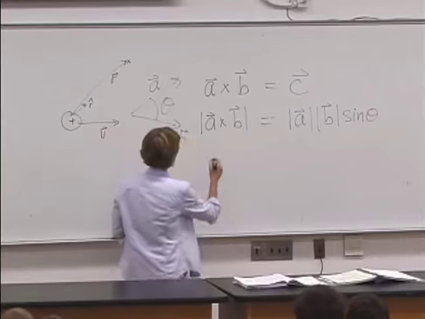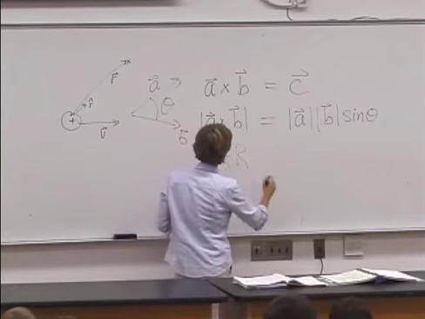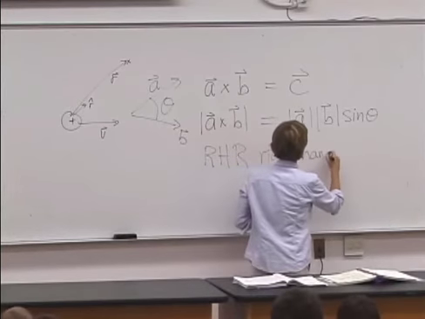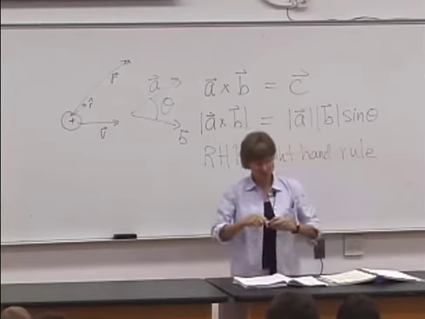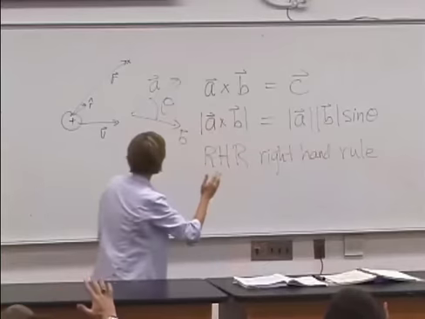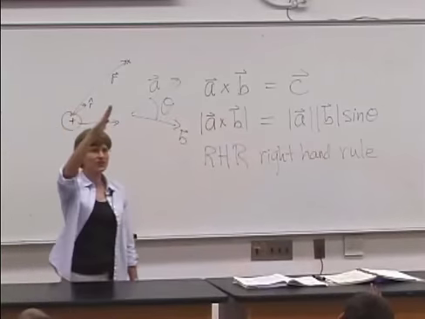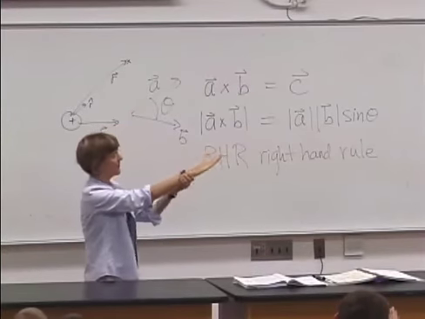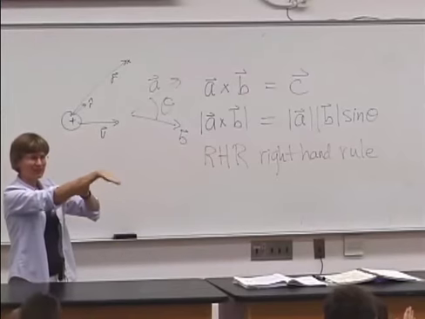The direction is given by a right-hand rule. And this is one that you have to use your right hand for. So everybody get your right hand out. You hold your wrist straight. Your wrist can't flop.